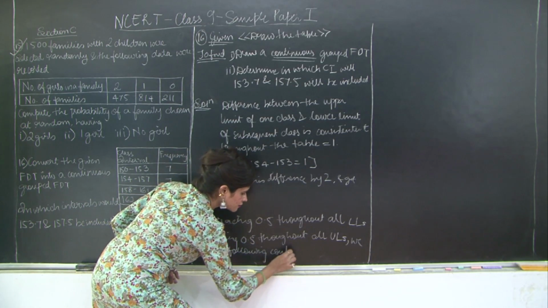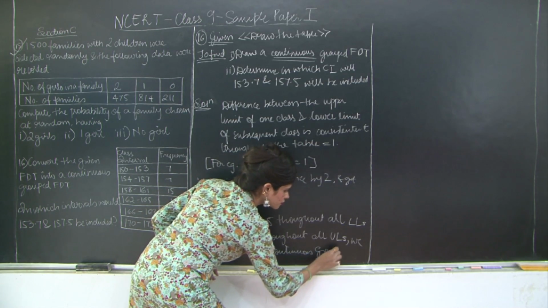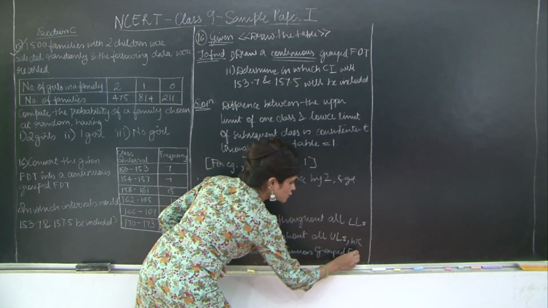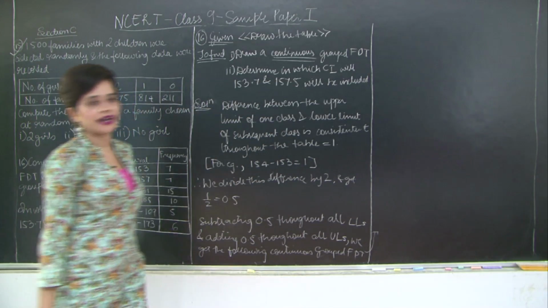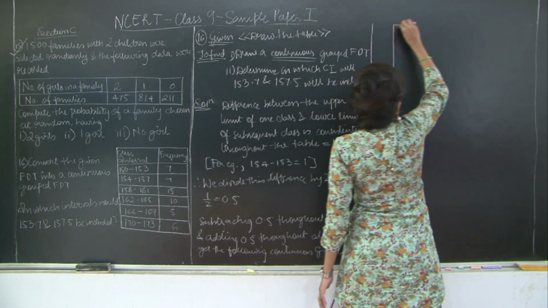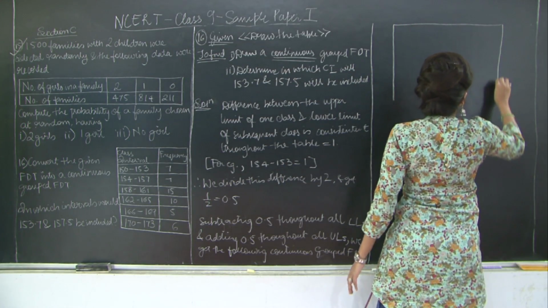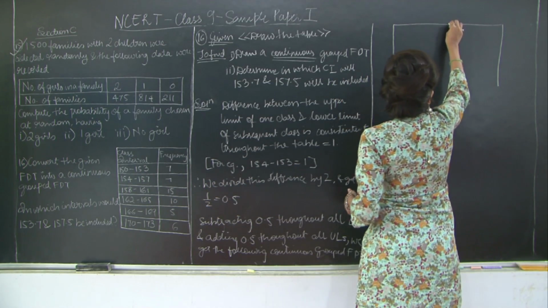continuous grouped frequency distribution table. So where is it going to be? It's going to be on this side. So let's go ahead and draw our grouped frequency distribution table. How many entries do we have? 1, 2, 3, 4, 5, 6.